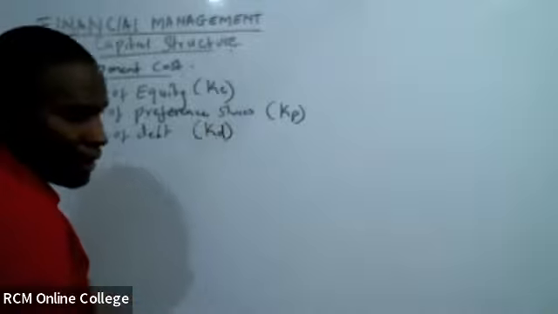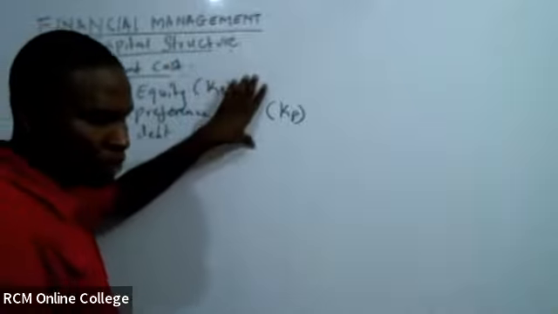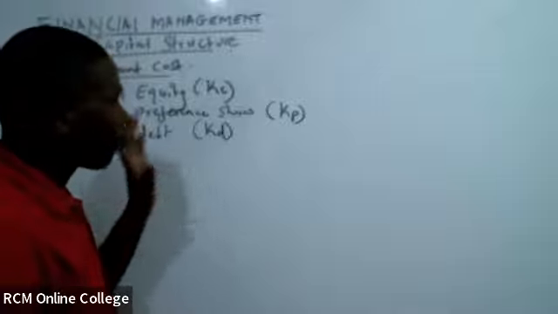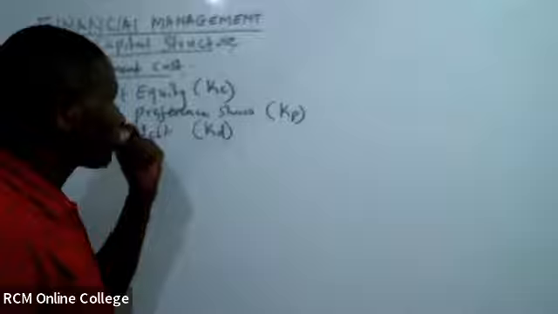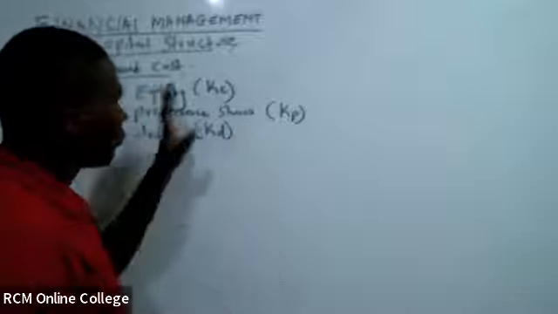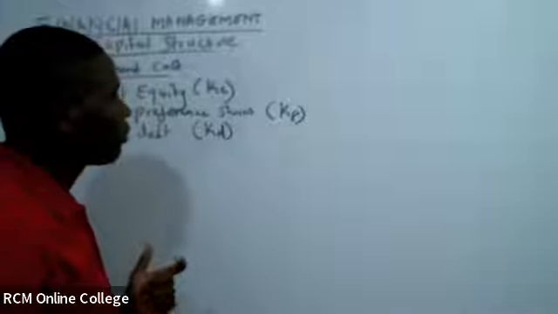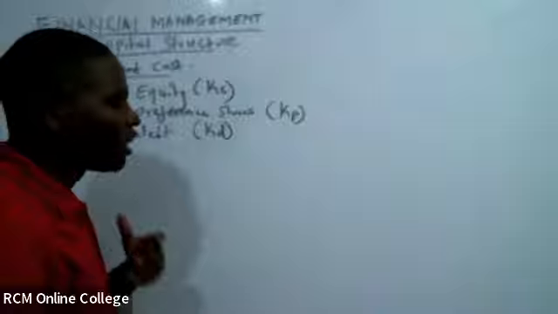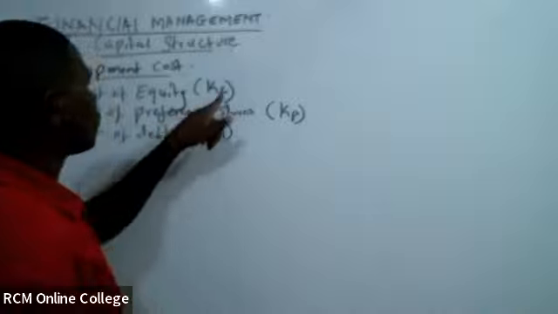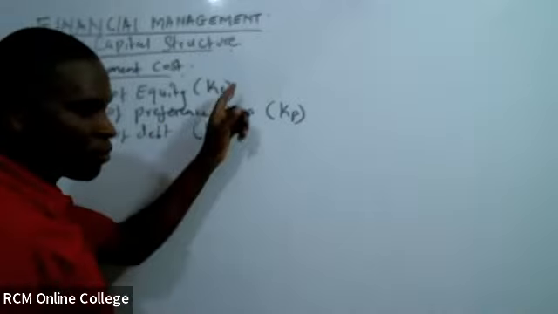So class, important to you is to know how to compute the component cost. Once you know how to come up with the component cost, together with the weight, remember, you will also be required to come up with the weight of these sources. For instance, assume that you got your cost of equity and you got the weight of equity.